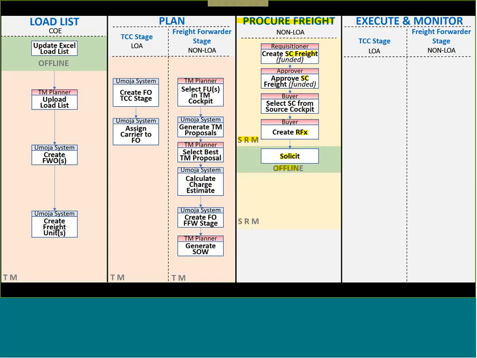Once we have the selected freight forwarder, we will raise the freight PO that needs to be approved, and that's the one that we will need to populate in TM. So this process in SRM remains the same as it is currently.